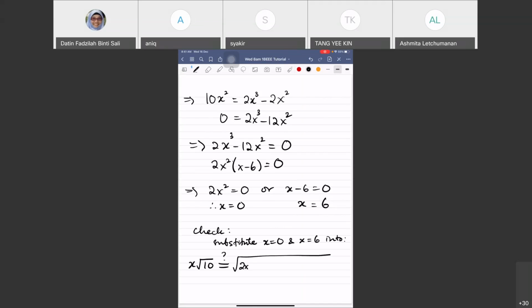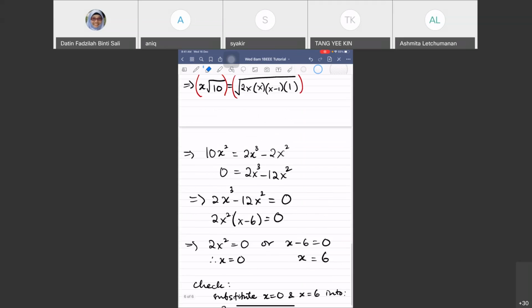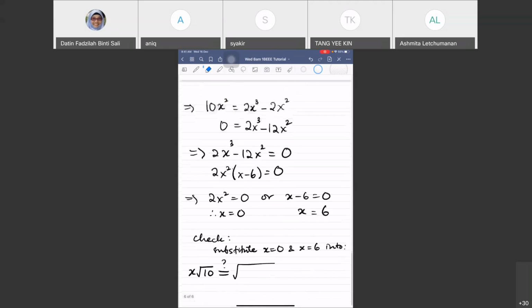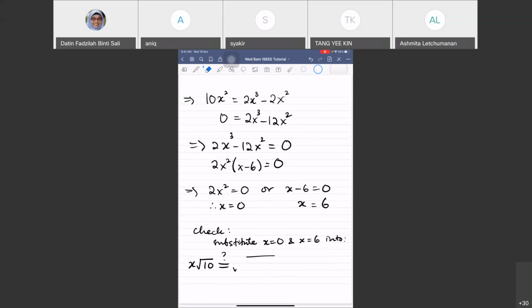the 2x minus x just now, or not. Or maybe you can just use the one that you have already simplified. Basically you can just simplify the one here, 2x, x minus 1. The one that is 2x, and then you have your x minus 1.